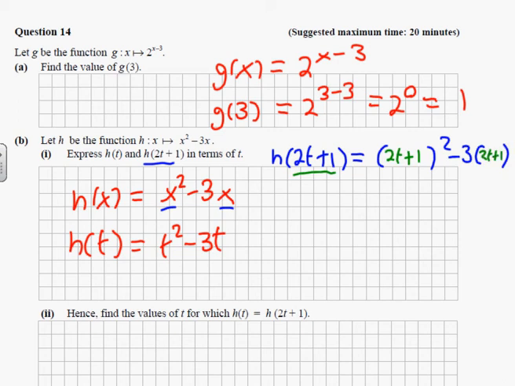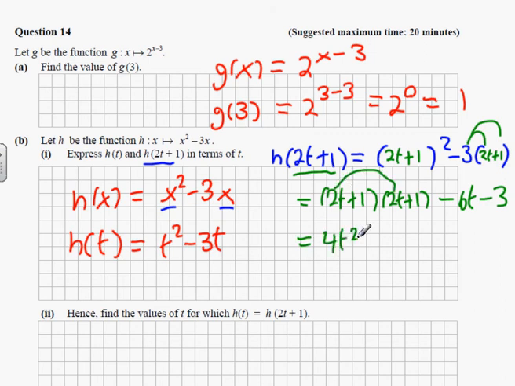You've got to multiply it out. So that's going to be 2t plus 1 multiplied by 2t plus 1, then multiply that out, minus 6t minus 3. It's going to be 4t squared, plus 2t, plus another 2t, plus 1, minus 6t minus 3.